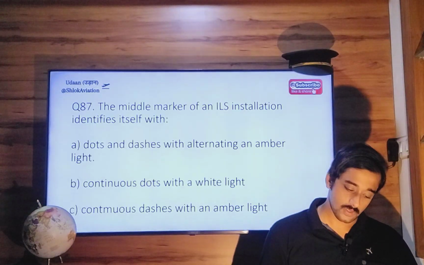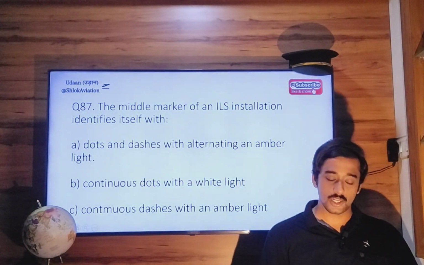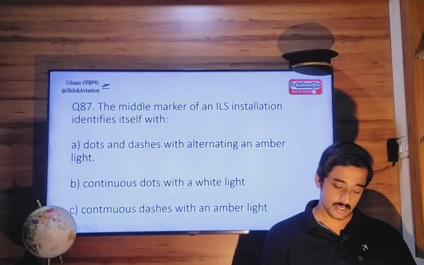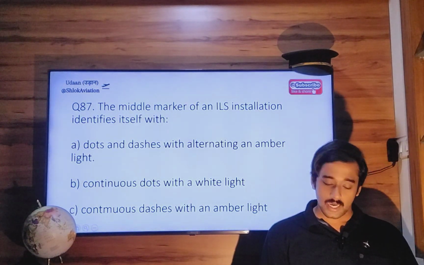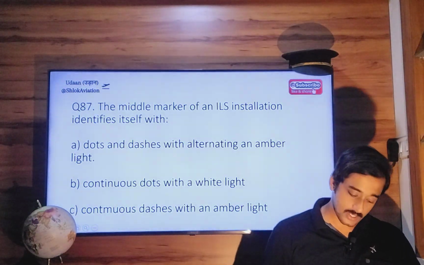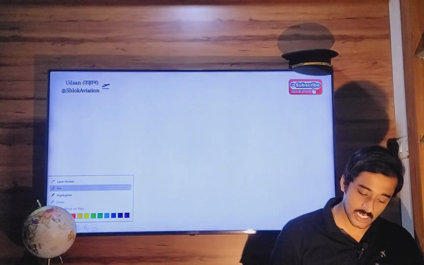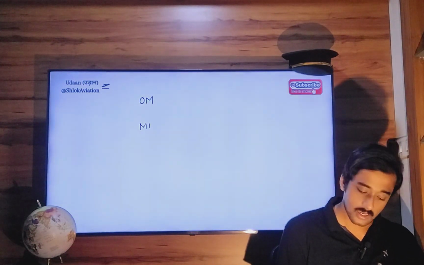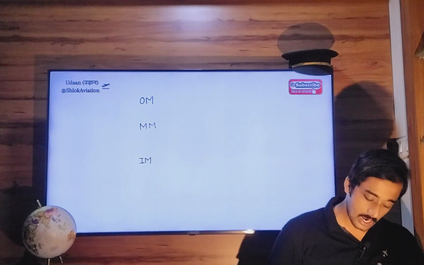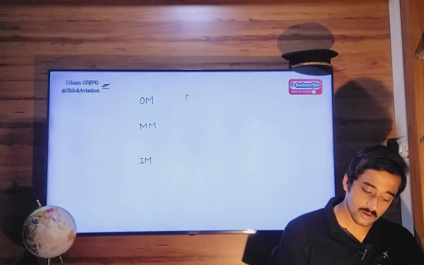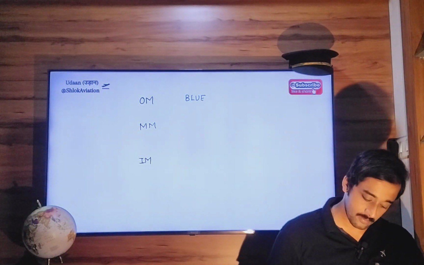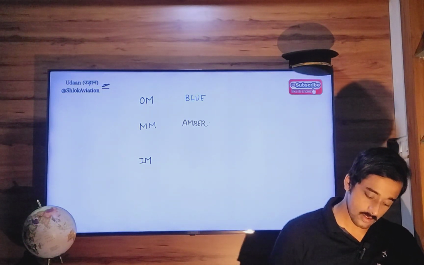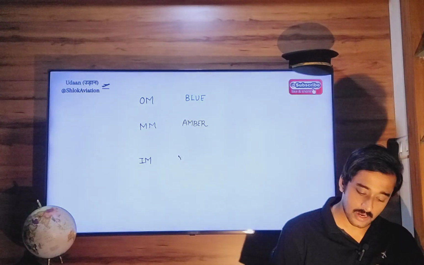Next, the middle marker of an ILS installation identifies itself with dots and dashes with alternating amber light, continuous dots white light, or continuous dashes amber light. So you have three types of markers associated with an ILS: outer marker, middle marker, and the inner marker. Now the outer marker is blue. Remember blue, amber, and white.